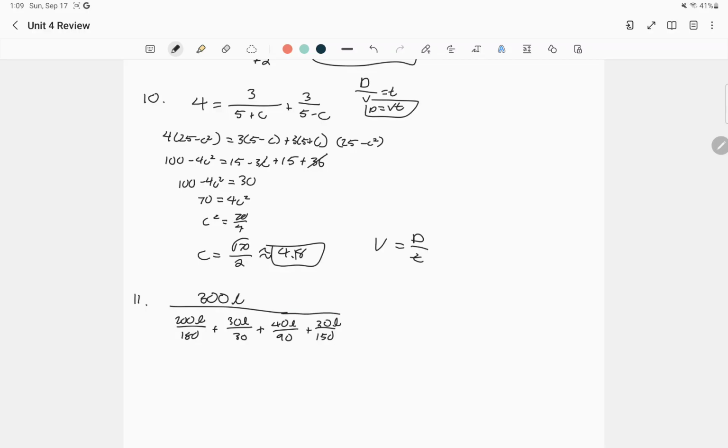So if we find the common denominator, and that appears to be 900. Yeah, it's 900.